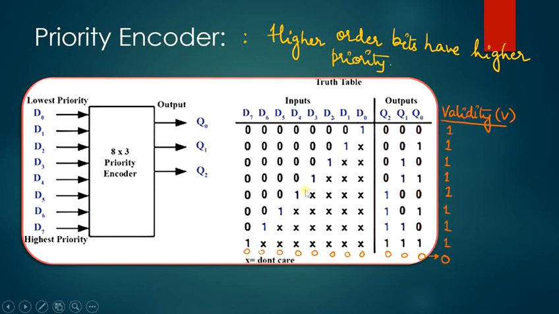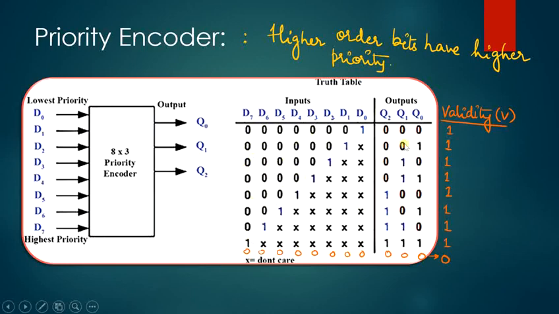Now, there are two possibilities in the case of a priority encoder. Here in this particular case, we have the inputs to be active high. That is why you have an input equal to logic 1. There could be the reverse case also, wherein you have the active low input. In the case of active low input, your inputs will be equal to logic 0, and here you will see logic 1.